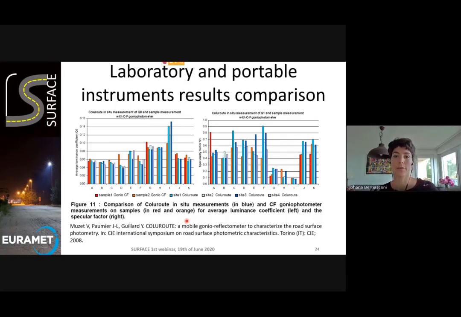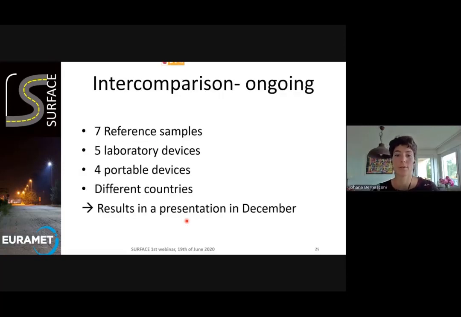To compare more, there will also be an intercomparison that is ongoing. The idea was to have 7 reference samples that were 3D printed. They traveled to different laboratories across Europe, and they were measured with 5 laboratory devices and 4 portable devices.